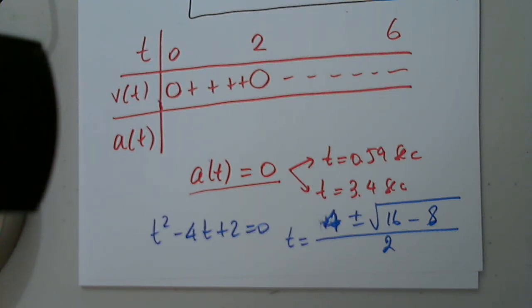Against all my convictions, I did not use parentheses under the square root. I'm upset with myself now. Okay, that's one solution, and for the other one, just change that to minus, overwrite it, and we get this. Is this okay? So 3.41 and 0.59.